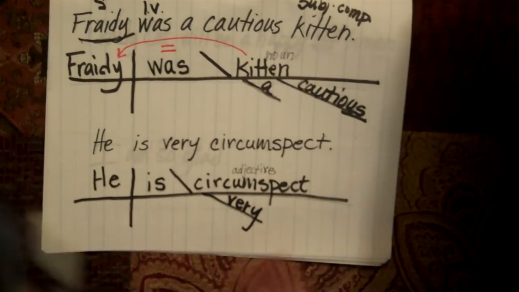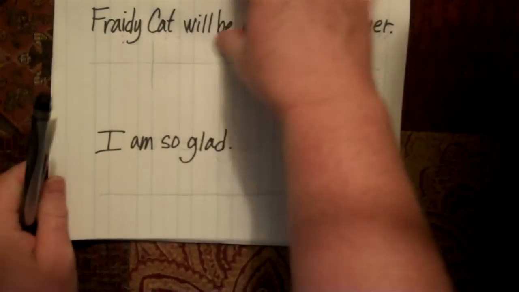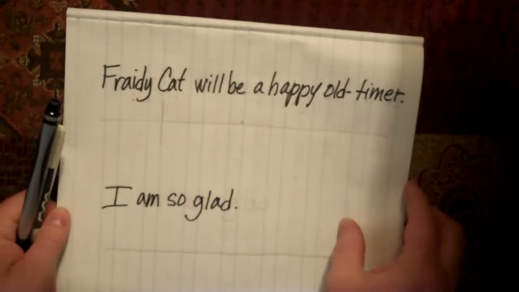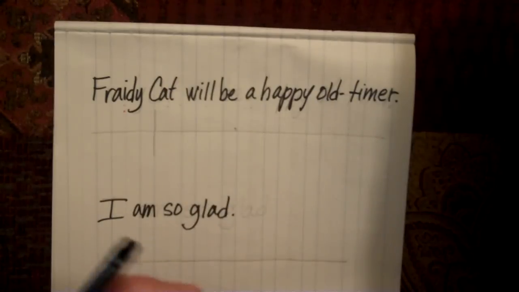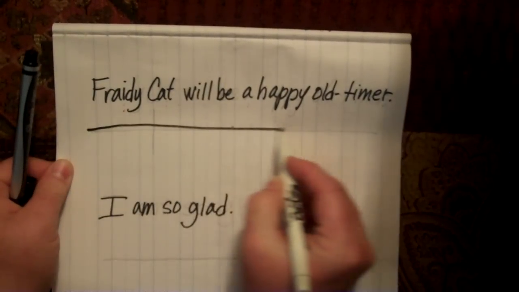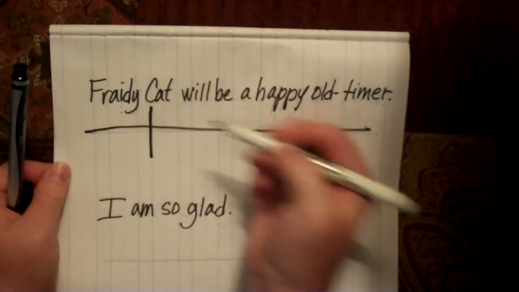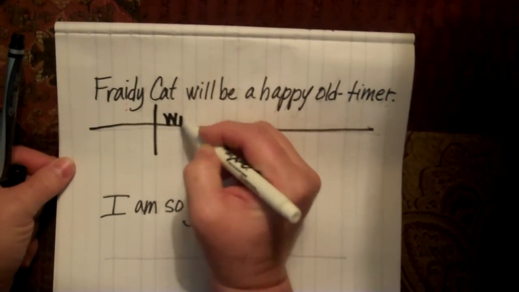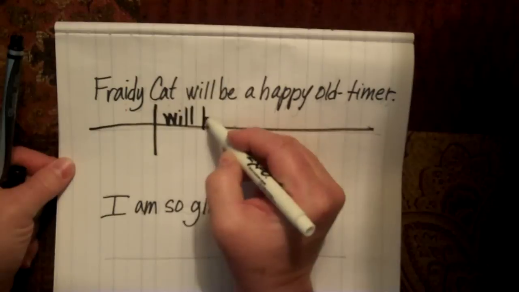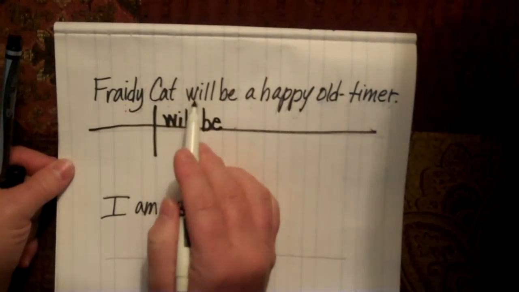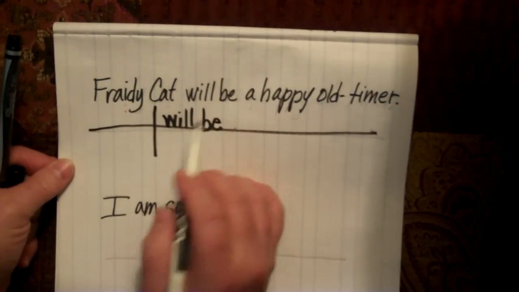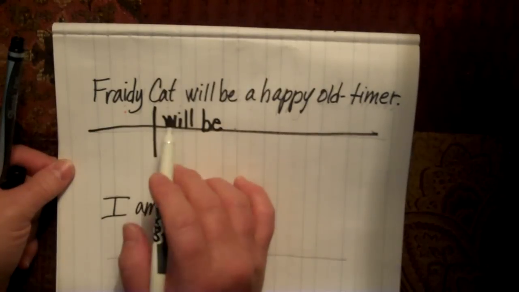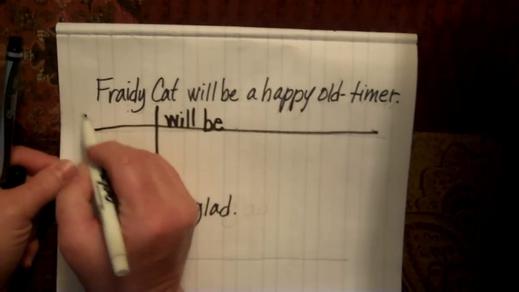Okay? I'm going to go through these next two a little bit more quickly. Fraidy will be a happy old-timer. The water, the fishing line. What's happening? We're going to put the helping verb on the line with the be verb. Will be with the linking verb. Will be. Who will be? Fraidy cat.